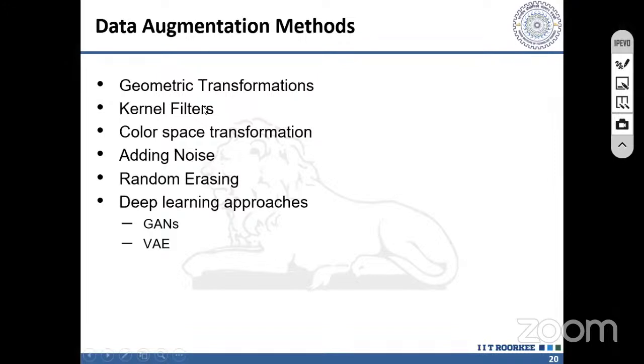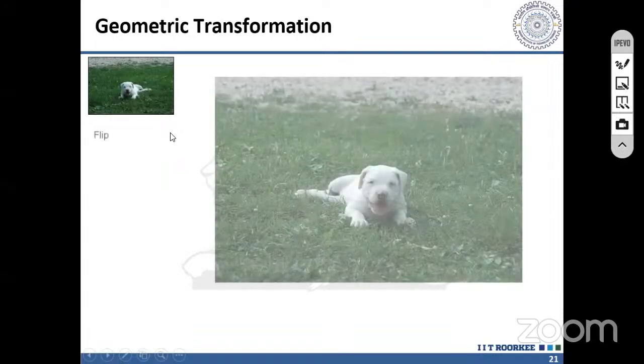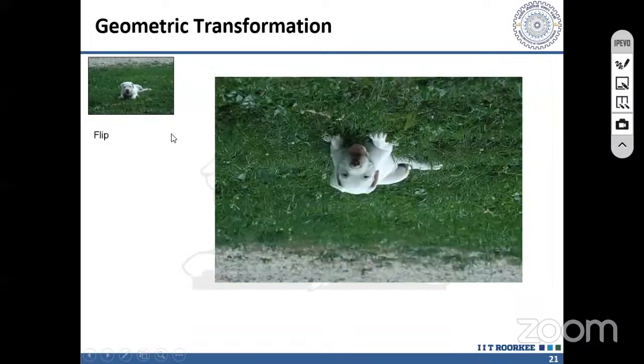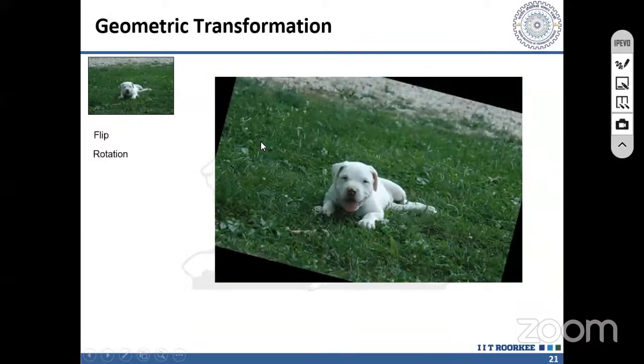Some of them are geometric transformations, kernel filters, color space, adding noise, random erasing, all those. Geometric transformation means, for example, if I have one image like this, I am doing flipping. This dog is flipped upside down. I can make it left to right. So these are also geometric transformations. Rotation, I can do some rotations, 5 degree, 10 degree.